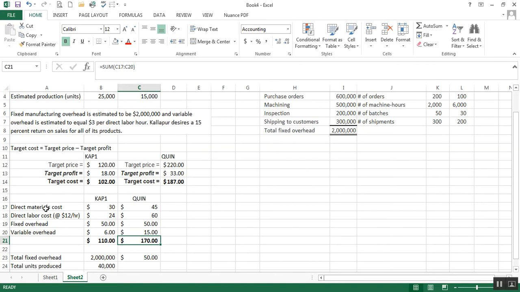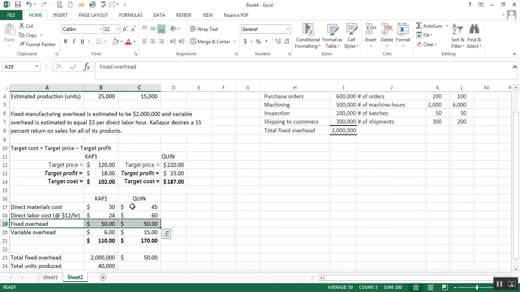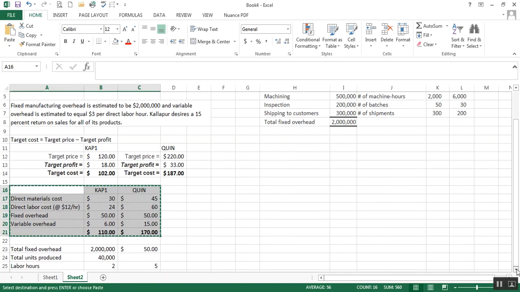Under the first scenario, we used production, the number of units that we're producing. Now we're going to look at labor hours instead. So everything remains the same except for this fixed overhead section. I'm going to create this again down here.